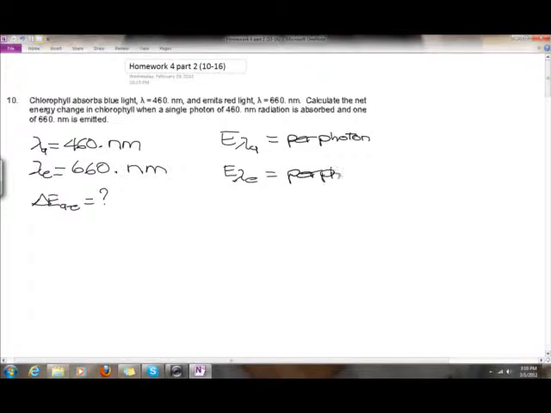And then you subtract one from the other and calculate the difference in energy.